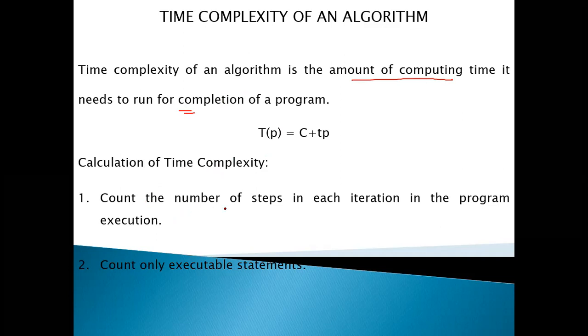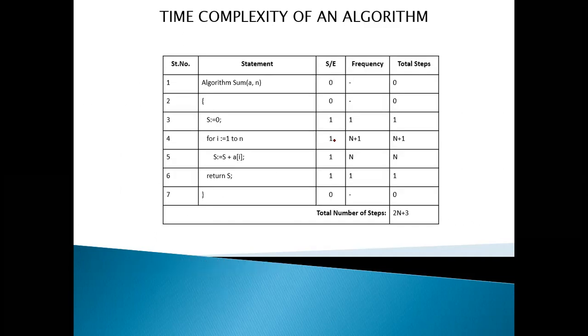Count the number of steps in each iteration, that is 1, and only executable statements we need to calculate. So it will not depend on instance characteristics. In the same way, once a program is compiled, it will be run a number of times without recompilation. That's why here C plus TP is the time complexity calculation.